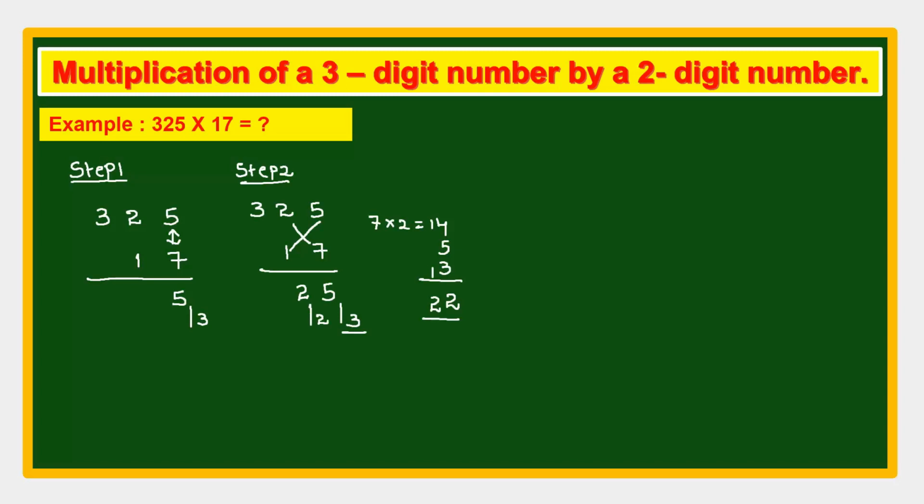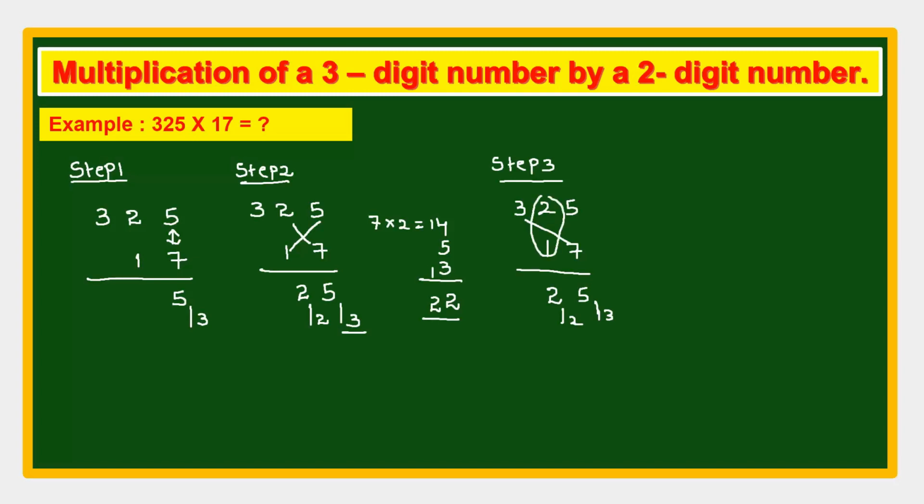And next step 3. 325, 17. Already we performed 2 steps. 2, 5. And this is the carry forward, 3 and 2. Right. Now what we have to do is multiply 7 by 3 and 1 by 2.